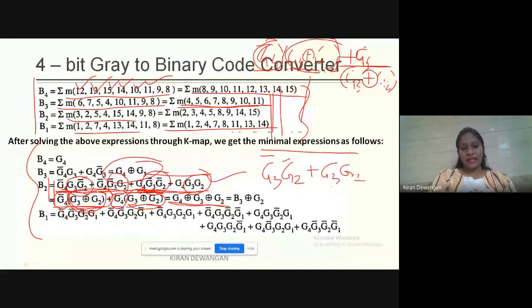So finally we'll be getting G4 XOR G3 XOR G2.